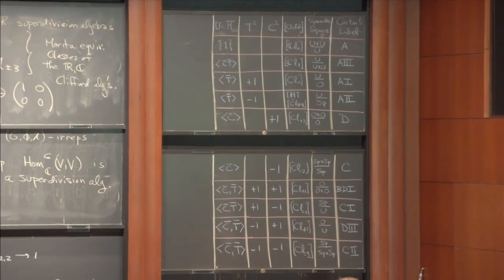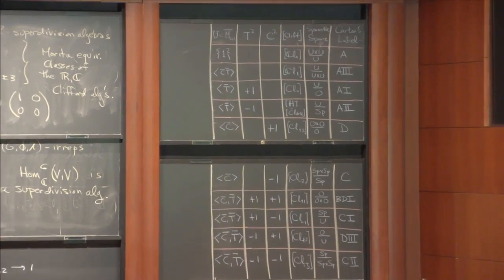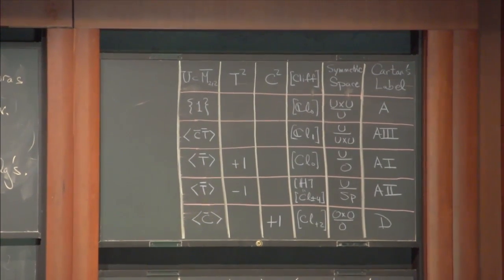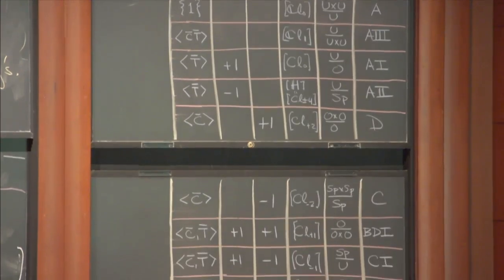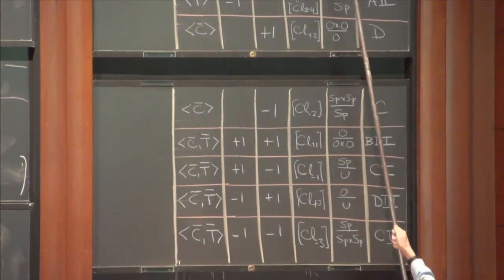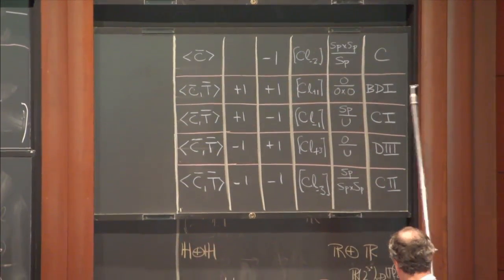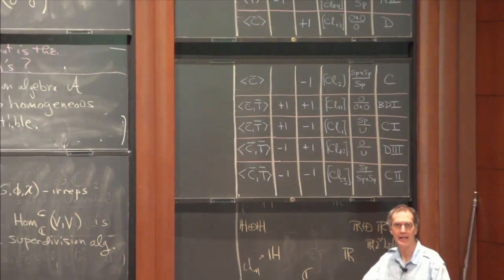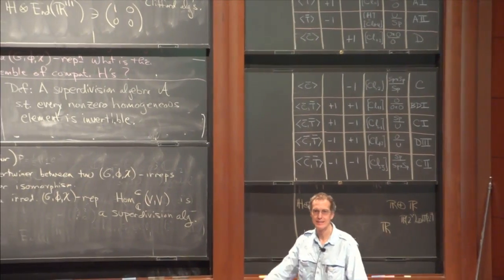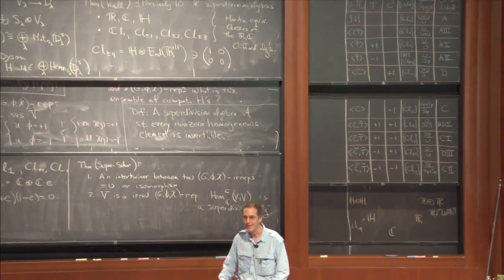Now, then the question arises, well, how in the world did I decide to assign this pattern of Clifford algebras to it? I mean, after all, just because you see two things with 10 elements doesn't mean that they're the same, right?